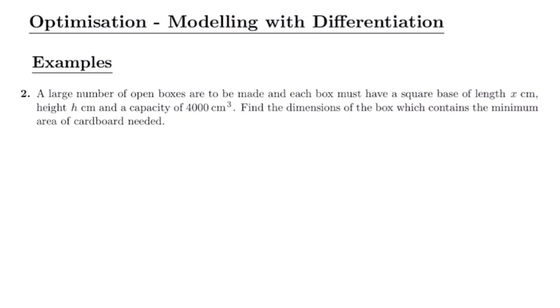Find the dimensions of the box which contains the minimum area of cardboard needed. So each box has a square base of length x, a height of h, a capacity or volume of 4,000, and I want the dimensions of the box which contains the minimum area of cardboard.